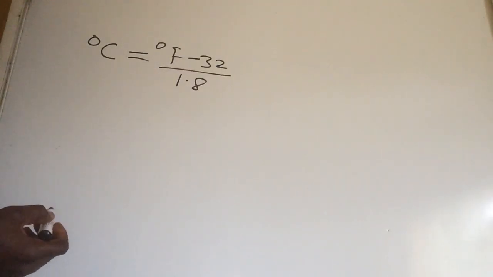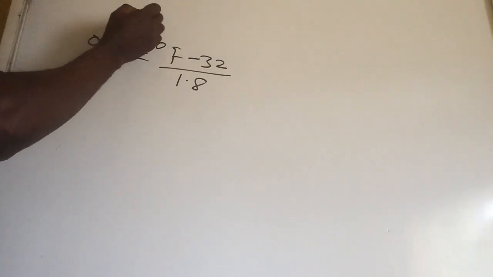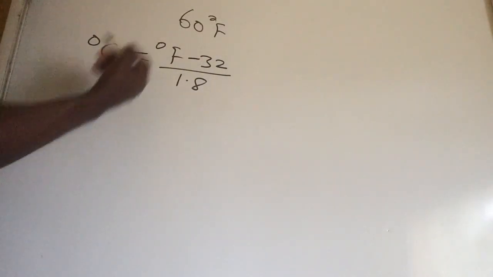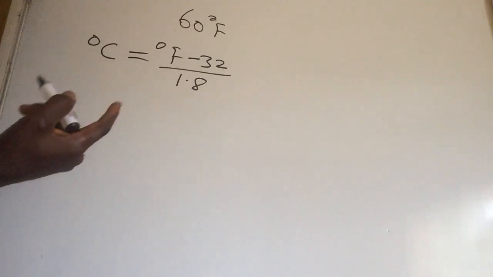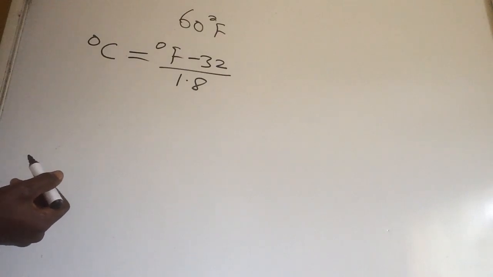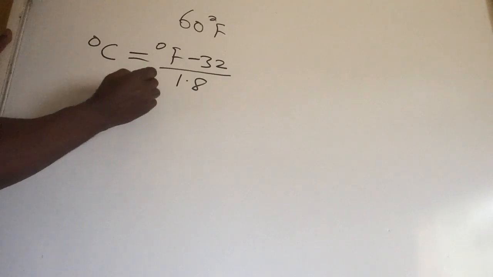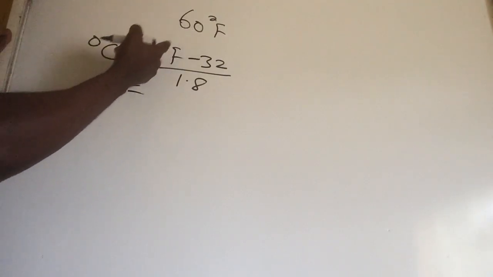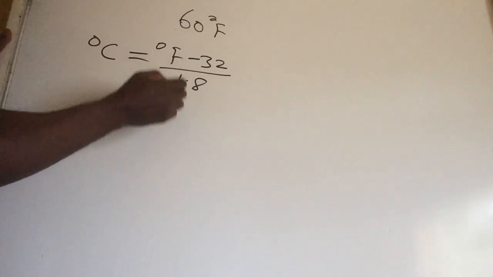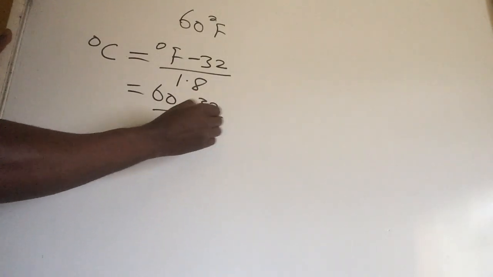So in this way, if they ask you to convert 60 degrees Fahrenheit, and the convenient temperature you want is degrees Celsius, you convert it using this formula. You put this 60 degrees at the place of Fahrenheit, which is 60 minus 32, all over 1.8.